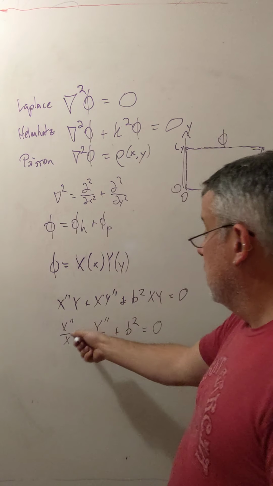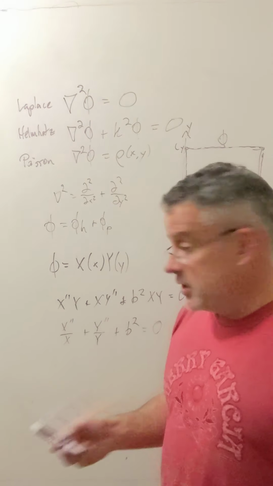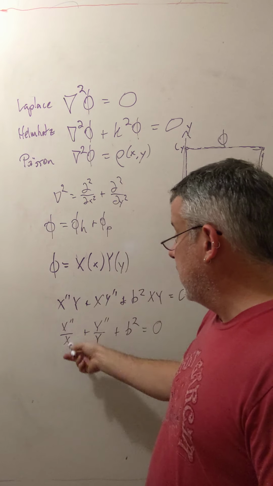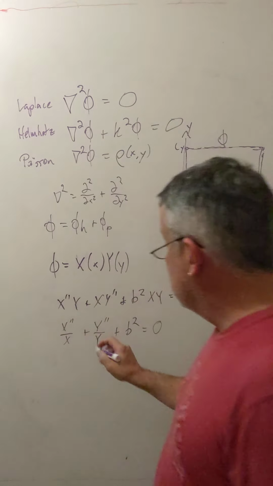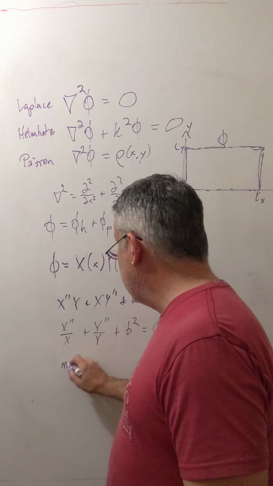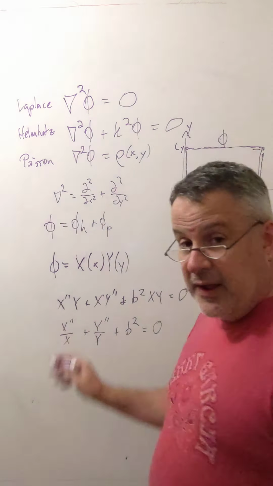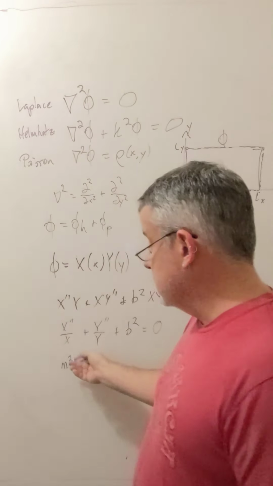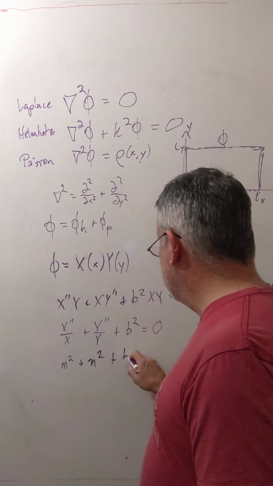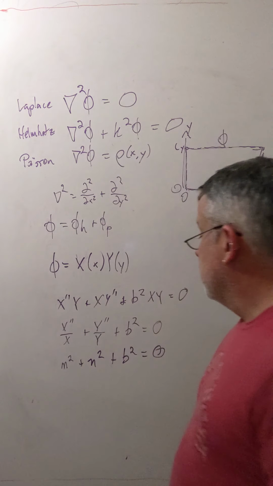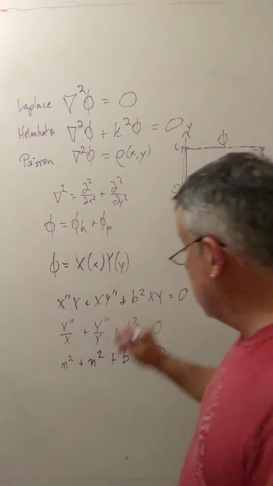Now if we jump ahead to our exponential guess and check for something like this, where each term equals a constant as our ODEs, then we would get whatever the exponent is, whether it's a plus m or minus m, let's just take it's m, and for this one we get a plus n or minus n, and then we'd have b squared equals 0.